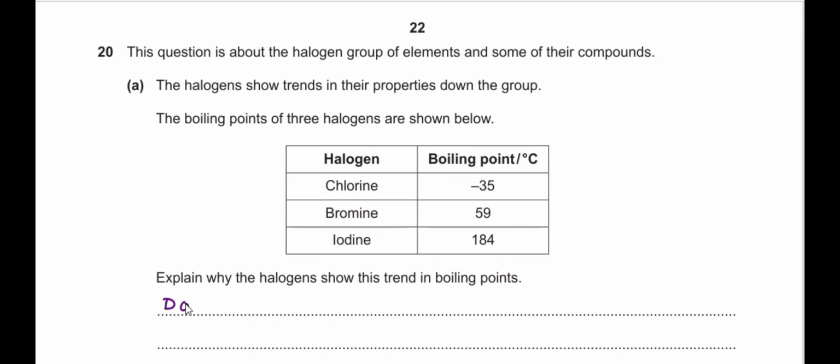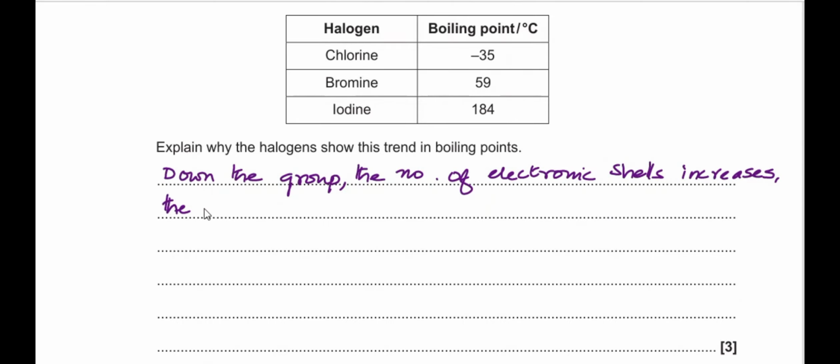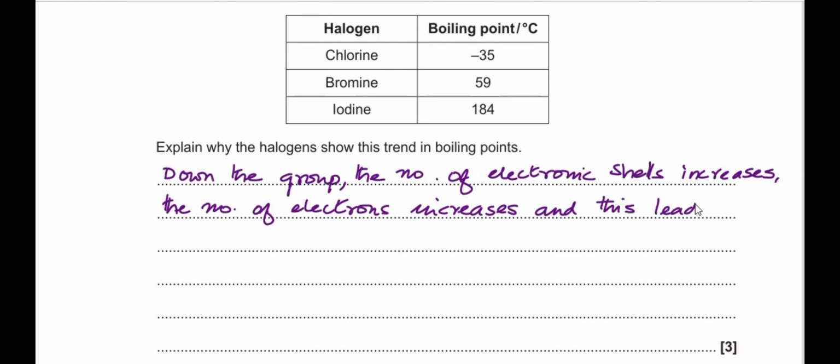So we write down the group, the number of electronic shells increases, the number of electrons increases, and this leads to greater London forces of intermolecular attraction.